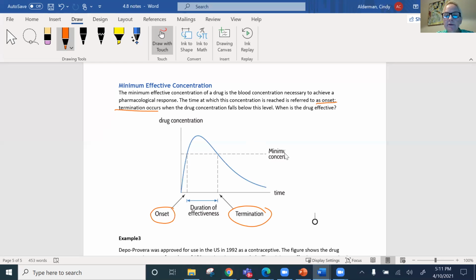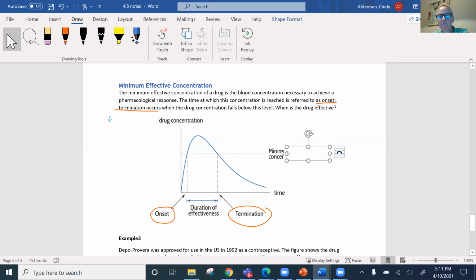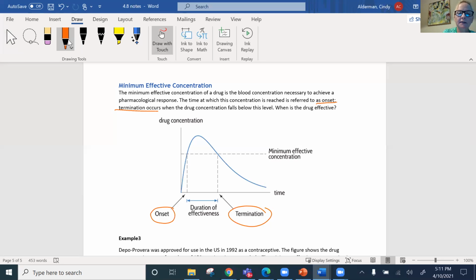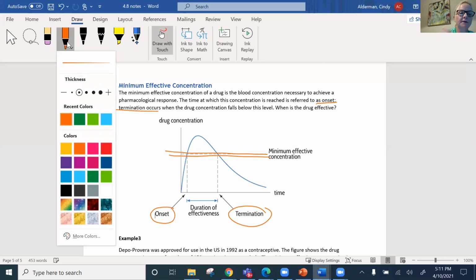Oh, there's something here too. Okay, so we know that there is a minimum level of every drug that you're going to be able to get some results from. So that would be here. When is the drug effective?